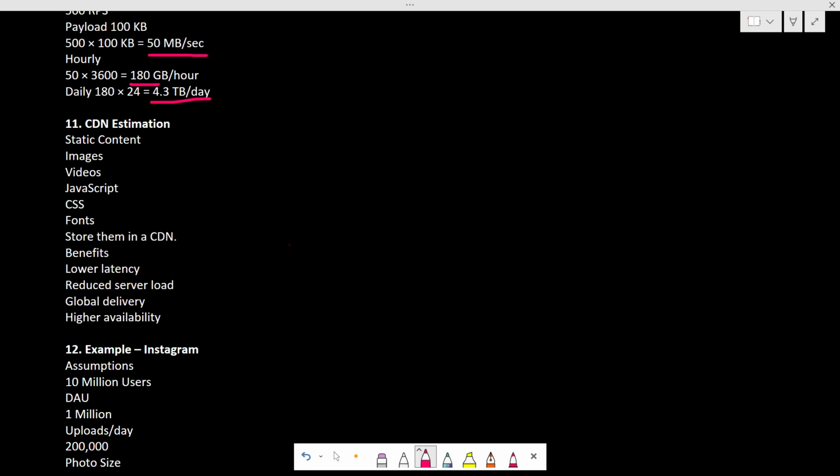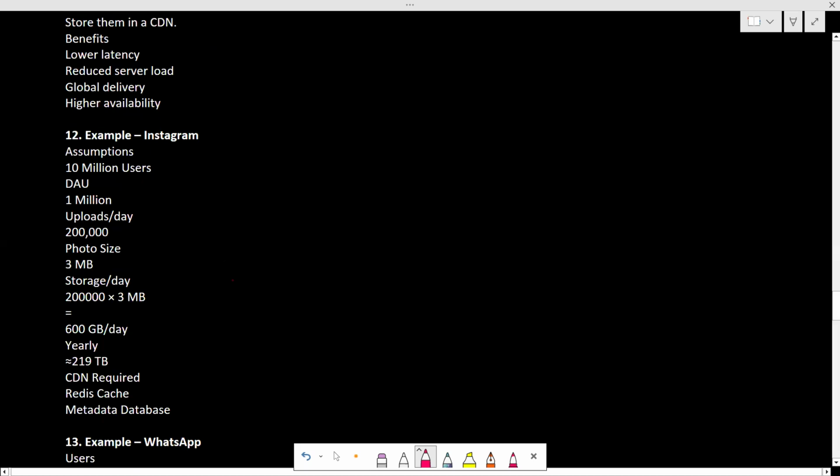This reduces the latency, decreases the bandwidth consumption on origin servers, and improves the user's experience. Large platforms like Netflix, Amazon, YouTube rely heavily on CDNs. Now, one by one, I will give you some examples.